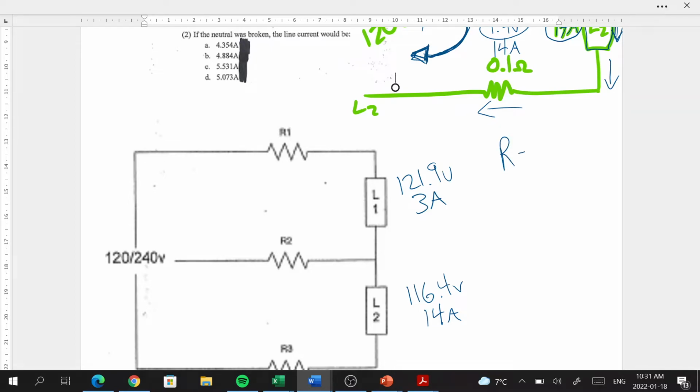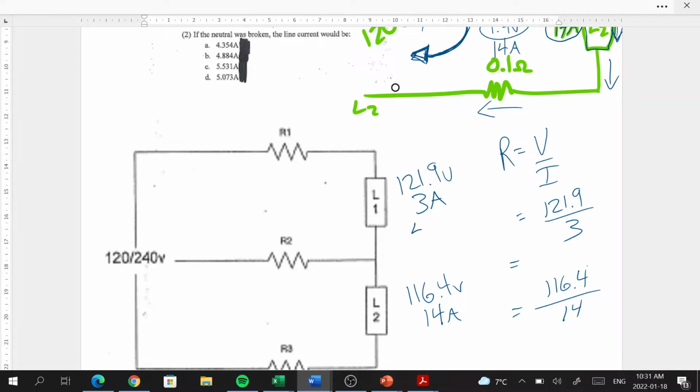So R equals V over I equals 121.9 over 3. In this case, it's going to be 116.4 over 14. That's going to equal, 121.9 divided by 3.